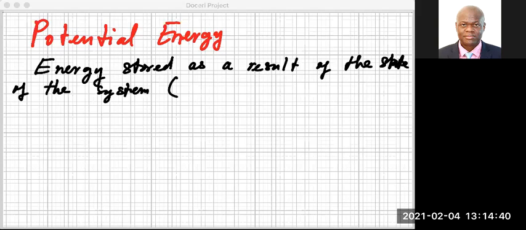And in the case of simple harmonic motion, the state is the displacement from equilibrium.